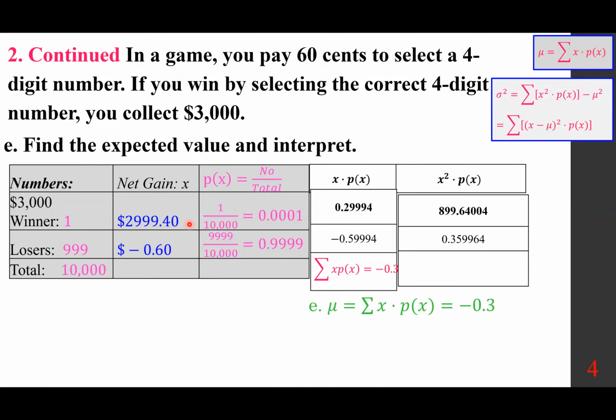This number to the second power times 0.0001 is this. To the second power times this is this. And you add them up, it becomes 900.